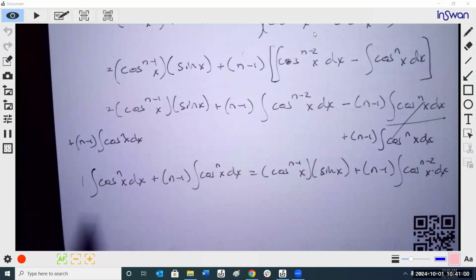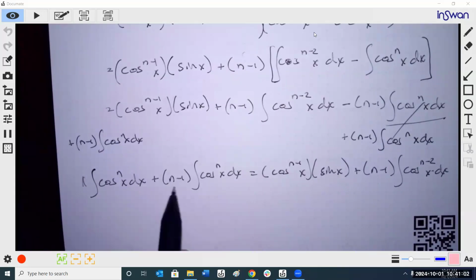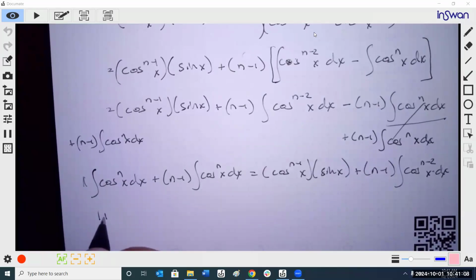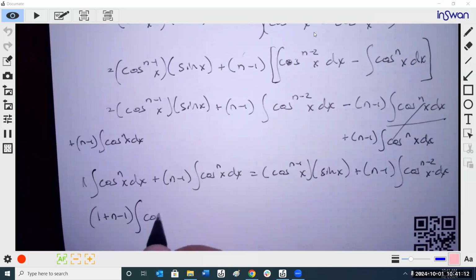So we have a 1 here. So we have 1 plus n minus 1 times the integral of cosine n x dx.